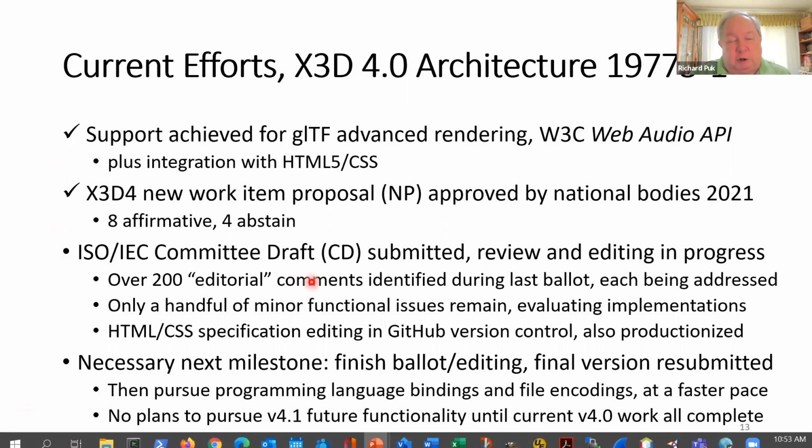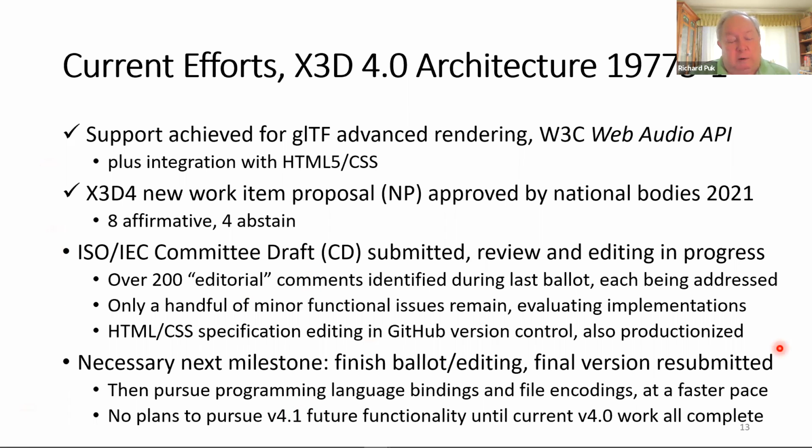We should be able to finish the 4.0 development and have a published ISO standard in early 2022, because I'm still old-fashioned. But once that is done, the next thing is to get all of the encodings and language bindings caught up with the 4.0 abstract specification, and that will require a lot of auto generation.